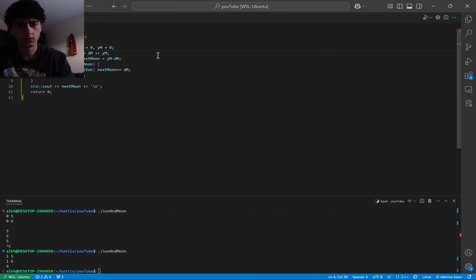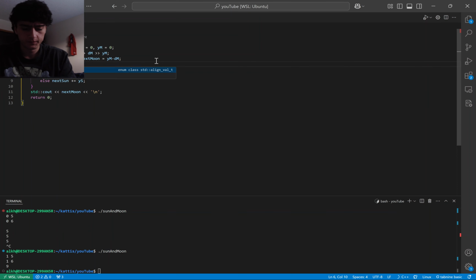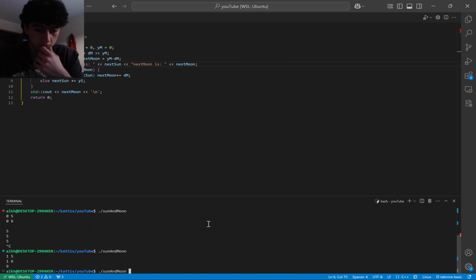Okay. Just some debugging lines. This is really embarrassing for a third-year comp sci student. I thought this problem was going to be a lot smoother. Alright.